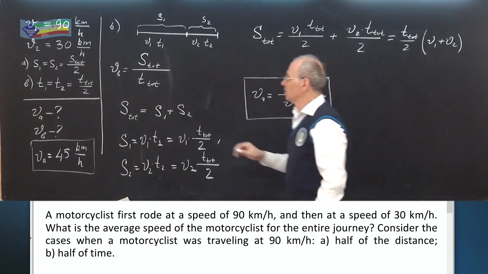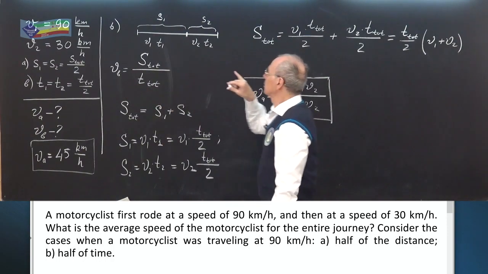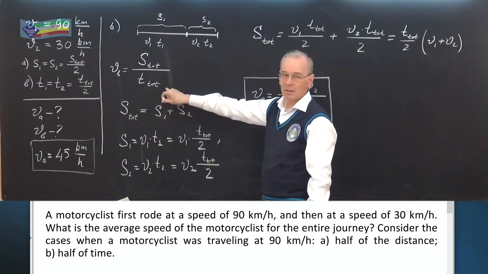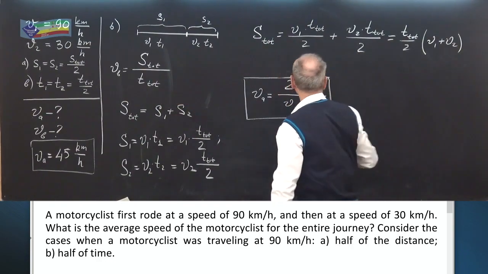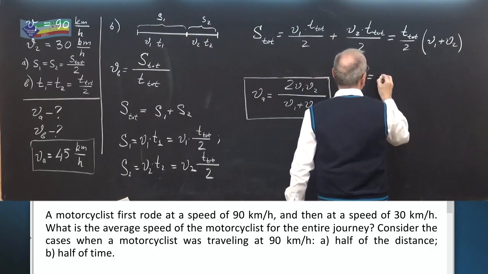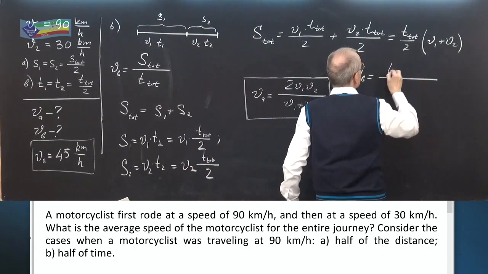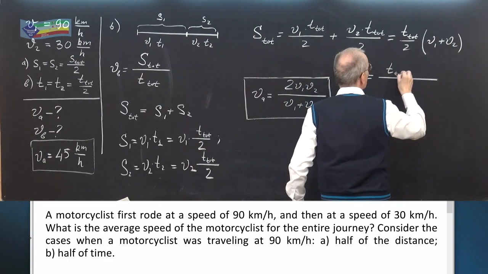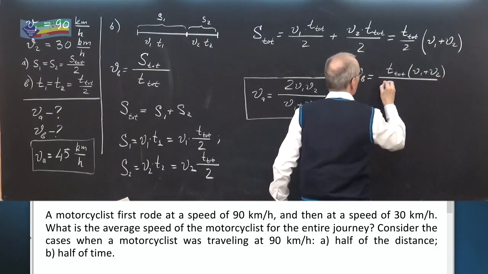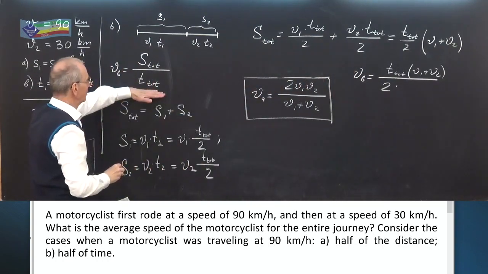To find average speed, let us divide the total distance by the total time. VB equals total distance, T total V1 plus V2 over 2, divided by T total.